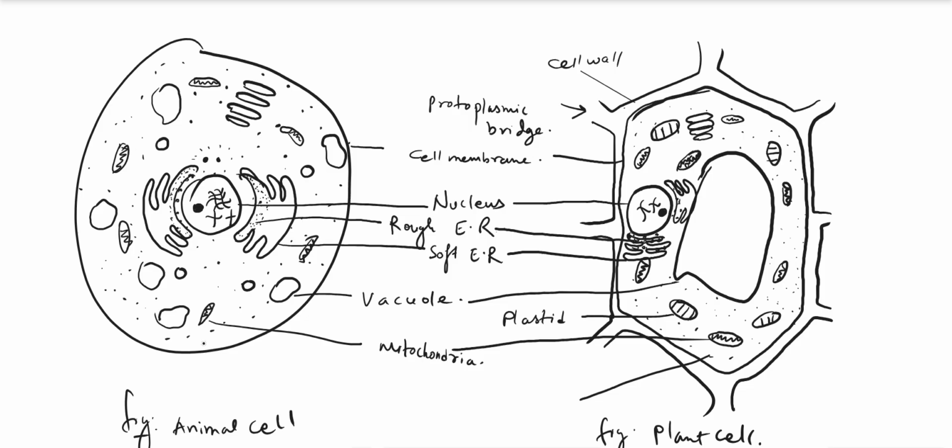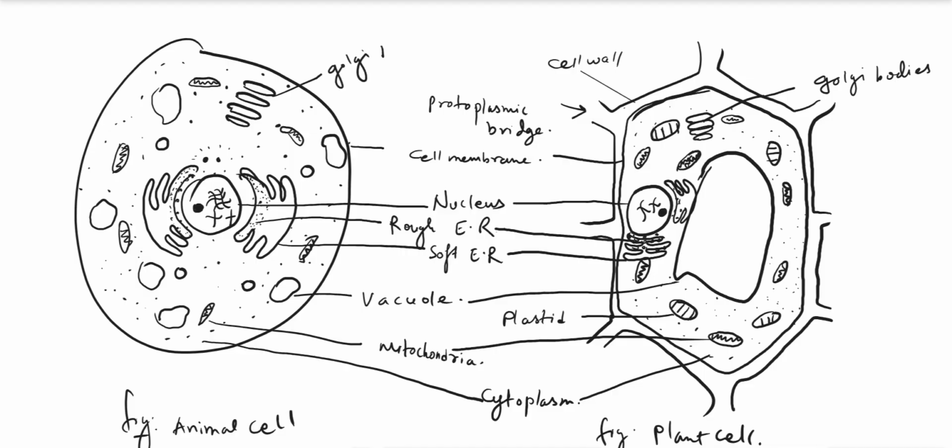This is cytoplasm. This is Golgi bodies, or we can say Golgi apparatus also. Golgi apparatus and Golgi bodies are the same thing. So this is the diagram of plant cell and animal cell.